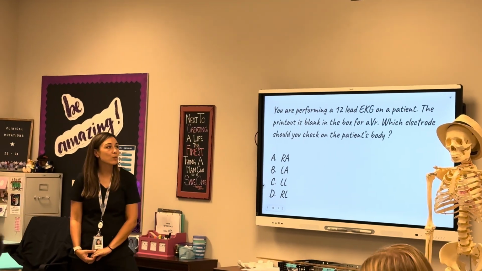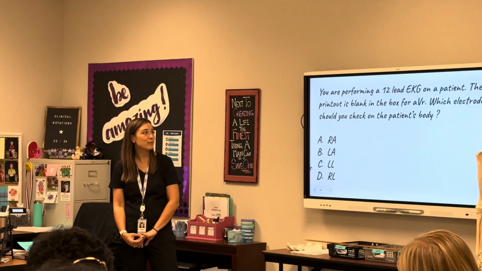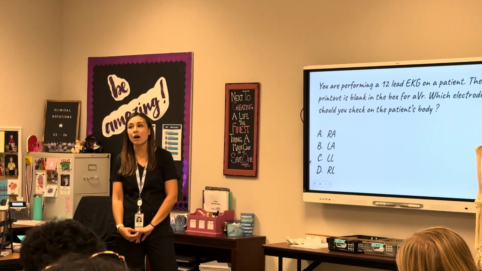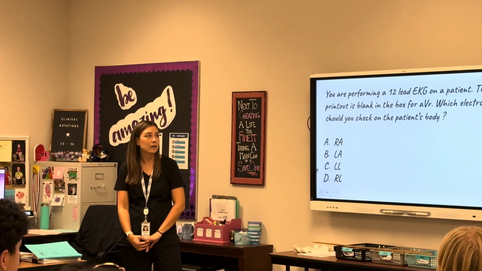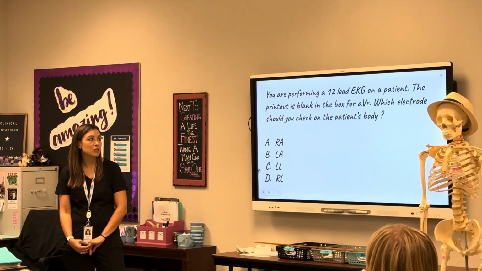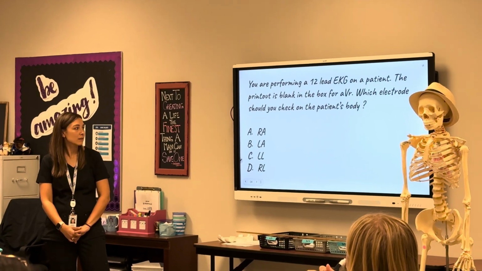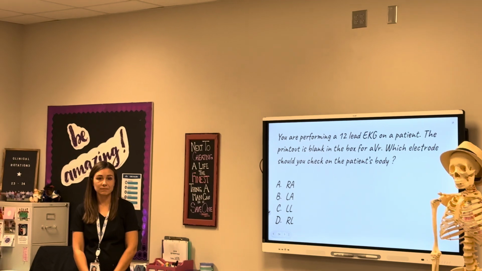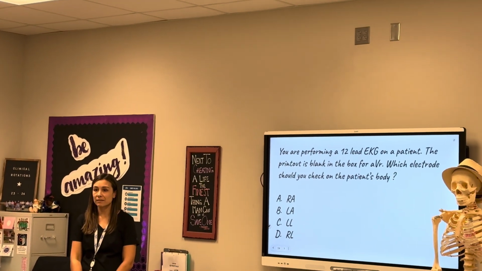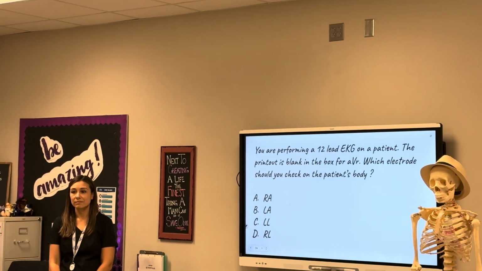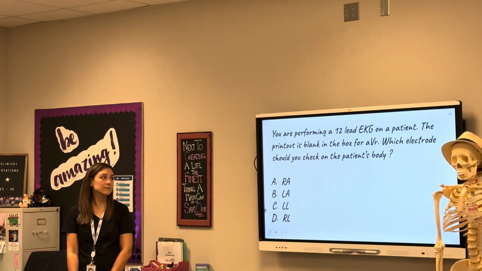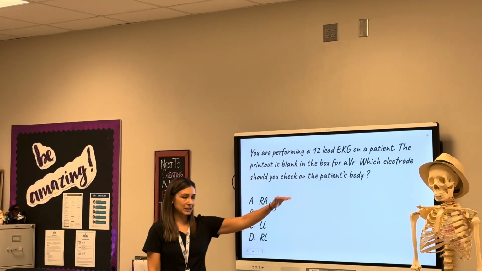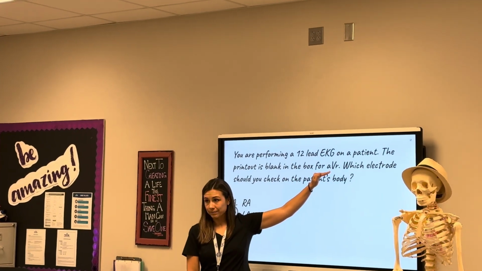You are performing a 12-lead EKG on a patient. The printout is blank for the box aVR. Which electrode should you check on the patient's body? Okay. So aVR is what type of lead?